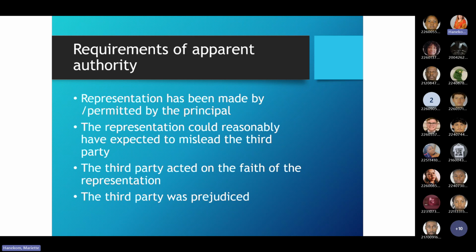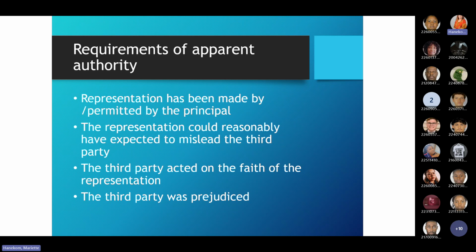Obviously, this is law, so there are always requirements. What are the requirements for a third party to hold another person liable based on apparent authority? Firstly, a representation has been made by the principal. It was a reasonable representation.